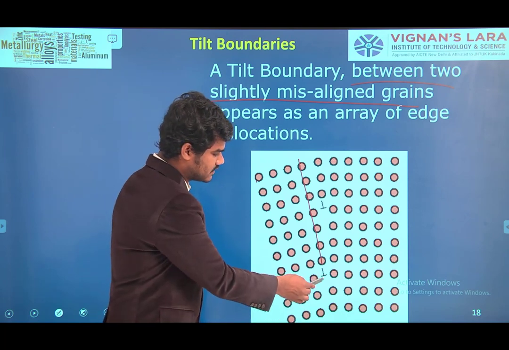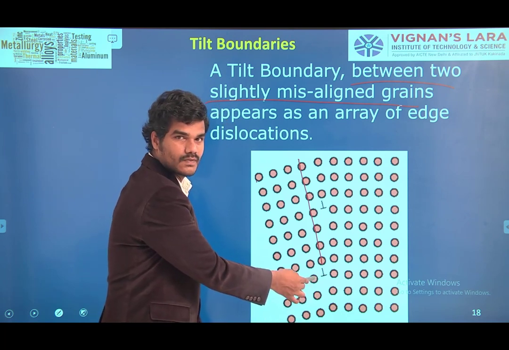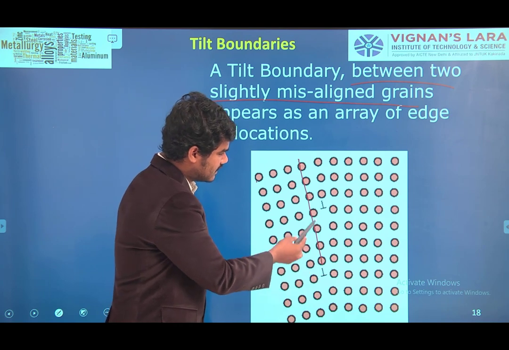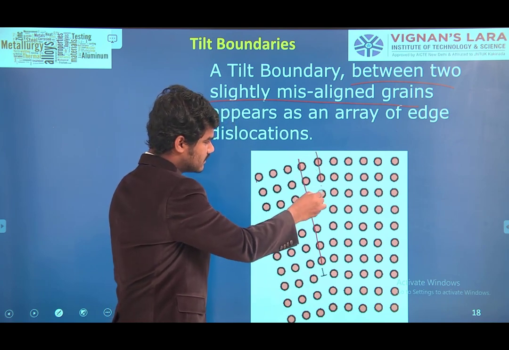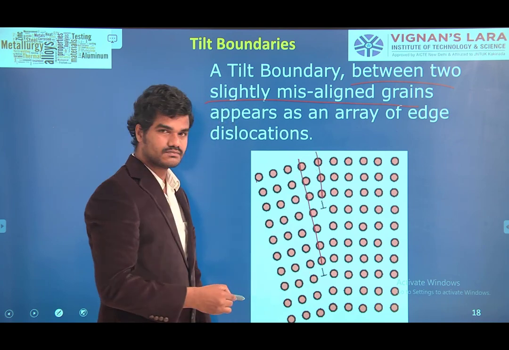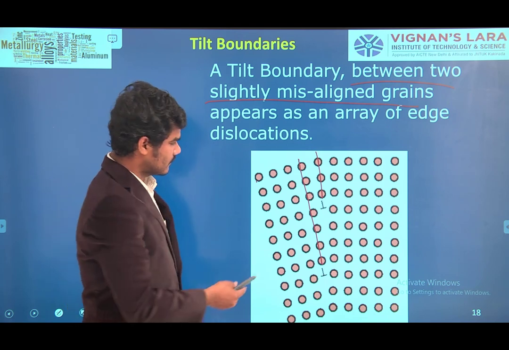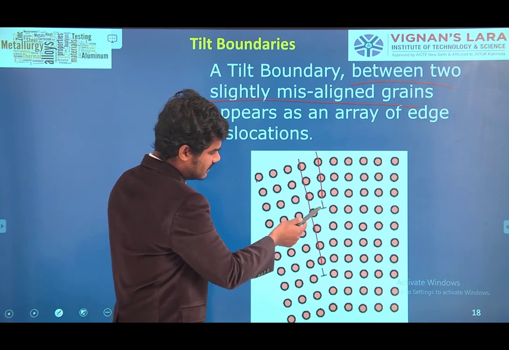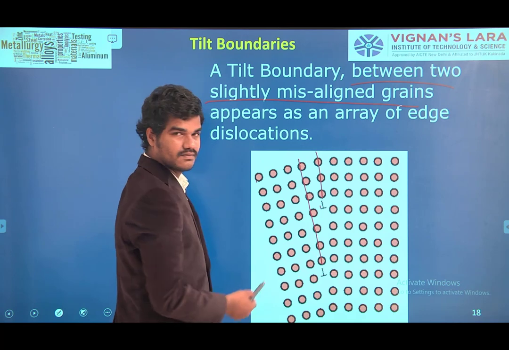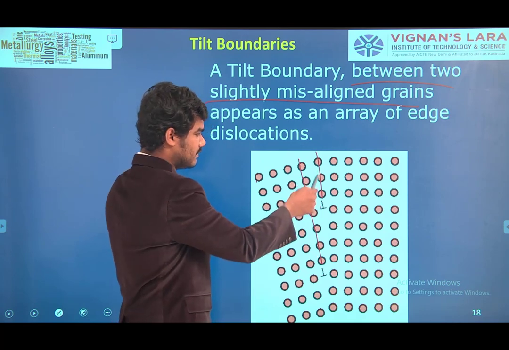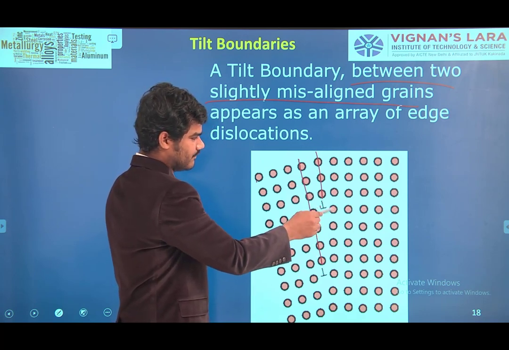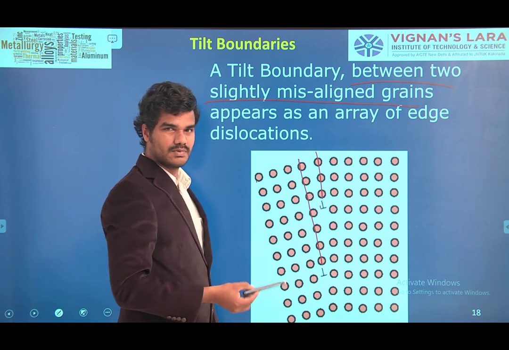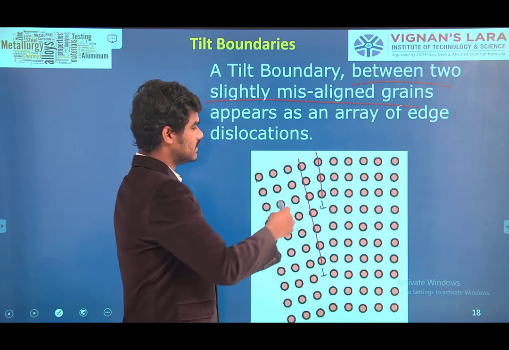Perpendicular to this plane, there are no atoms. Again here, up to these 3 atoms are in the grain, but after that there is no atom arrangement. So perpendicular to this, the atoms are not there. So it is nothing but a tilt boundary.